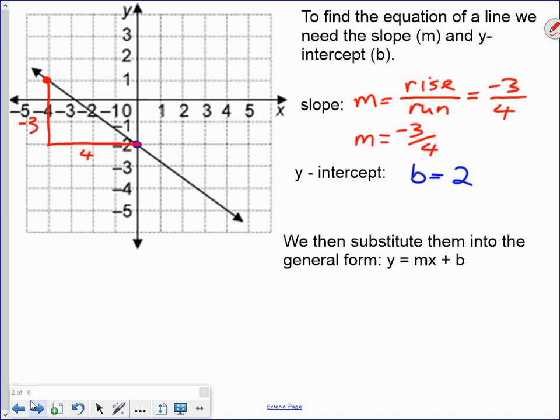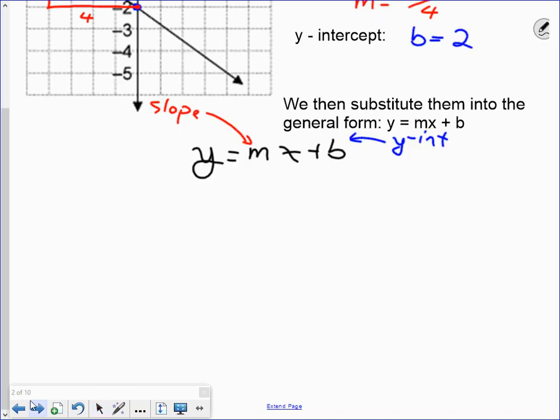Now, how do we take these two pieces of information and use them to write the equation? Well, our general form here, y equals mx plus b. We're just going to put our slope in right here and our y-intercept, we'll just call it the y-int, in there for b.